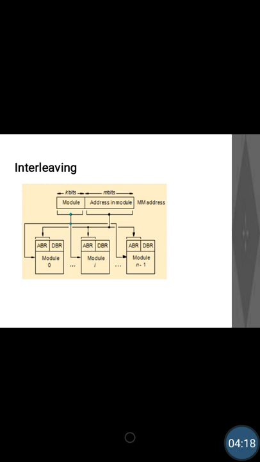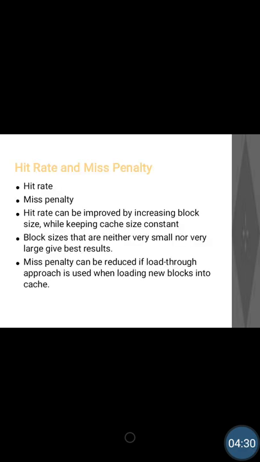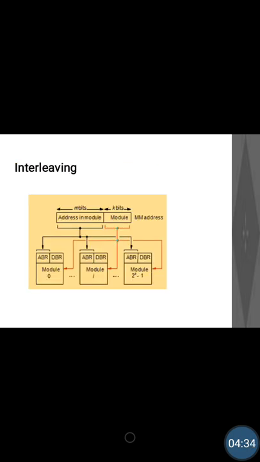You can look in the figure. The address has been divided into two fields: the k bits decide the module and the lower m bits decide the address in the module. That means in one module I can get all the successive words, right?